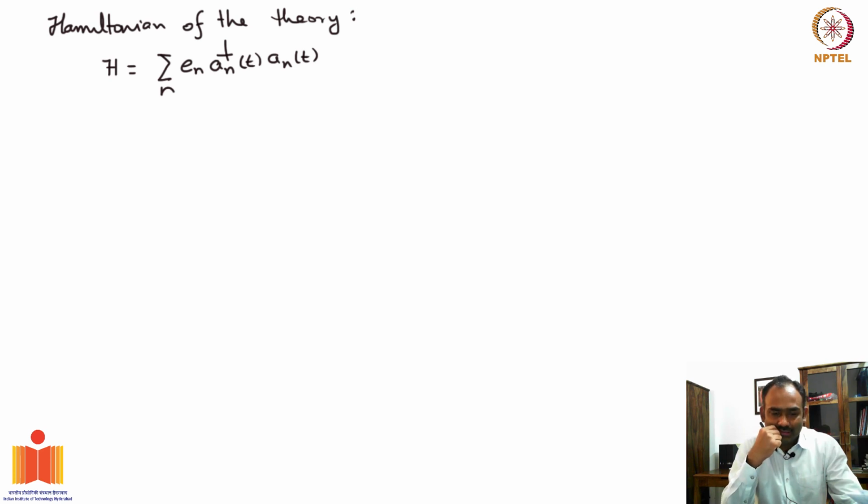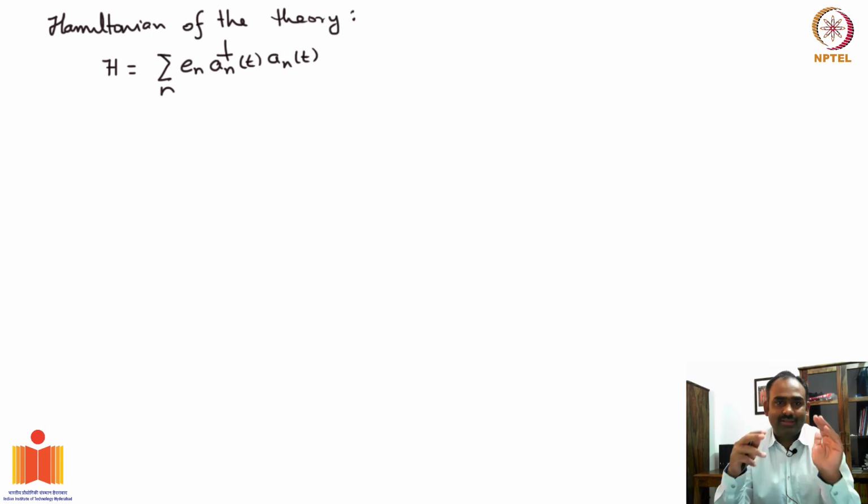So the quantum mechanical system that we have got is a collection of infinite harmonic oscillators, and these harmonic oscillators are not talking to each other. There is no coupling between A1 and A2. There are no cross terms in this. So it's completely diagonal.